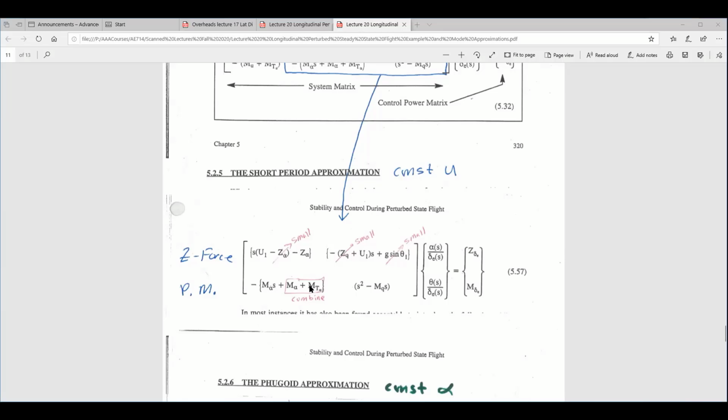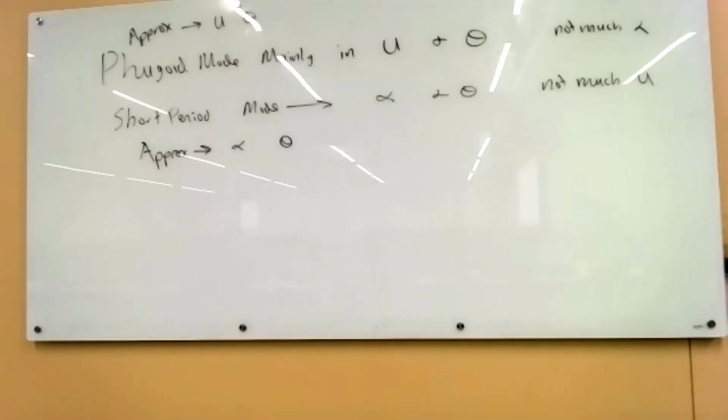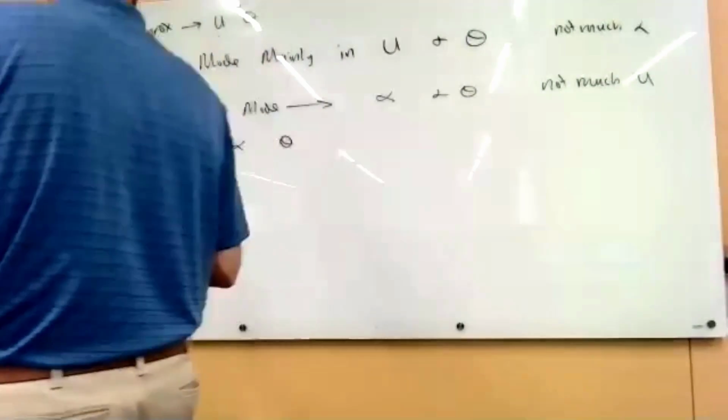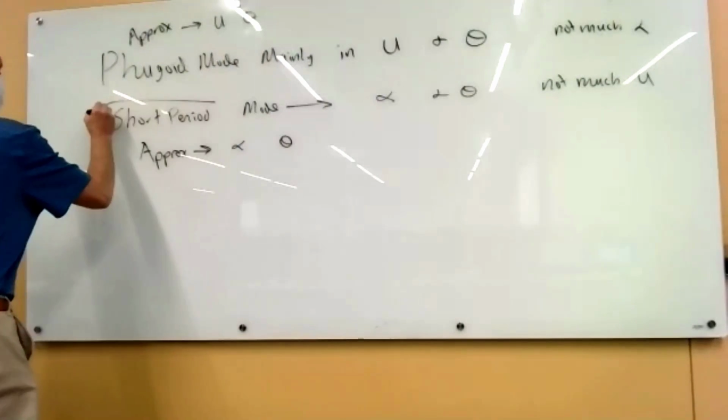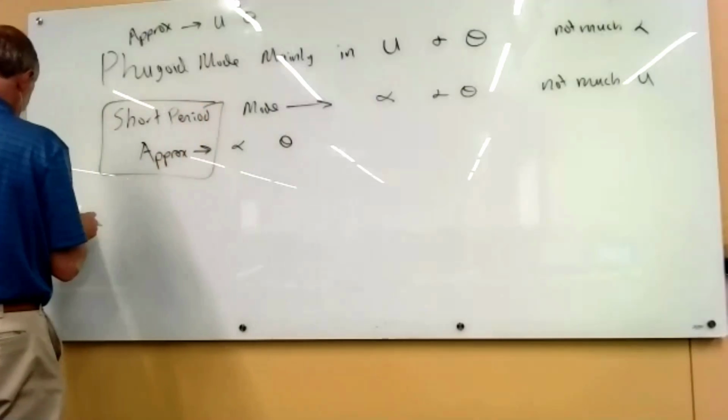So back to the board, we're going to write down the determinant of that because that is the denominator polynomial that gives us the Phugoid, sorry, the short period approximation to that second order mode. So we're doing this one now, the short period approximation.